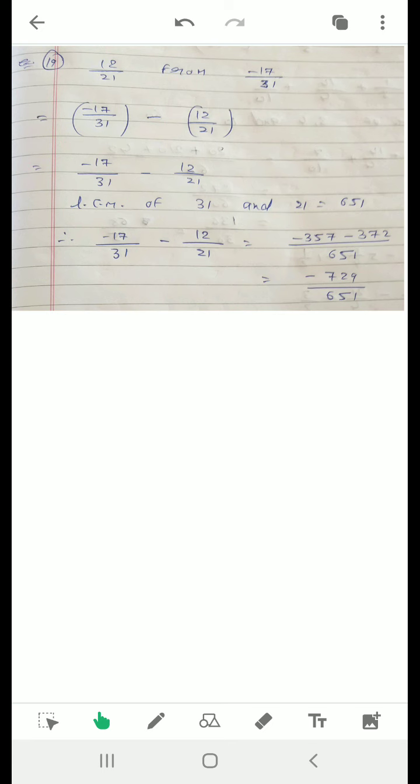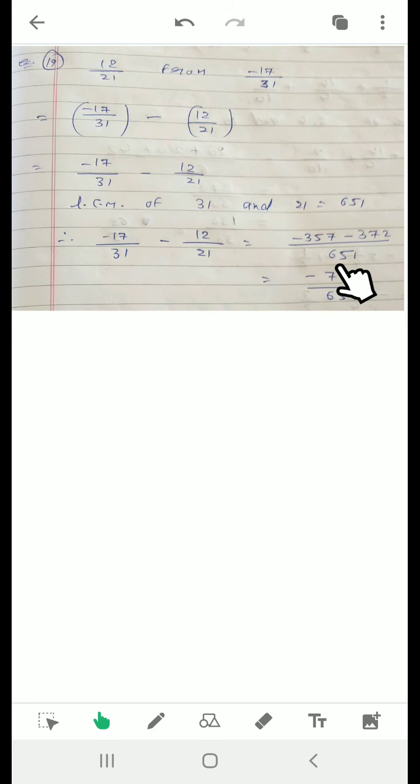Okay, so after writing minus, now we can see the denominators are not the same. So we will take the LCM. The LCM will be 651. Write the LCM in the denominator. 651 divided by 31, we will get 21, and 21 multiplied by minus 17, we will get minus 357.